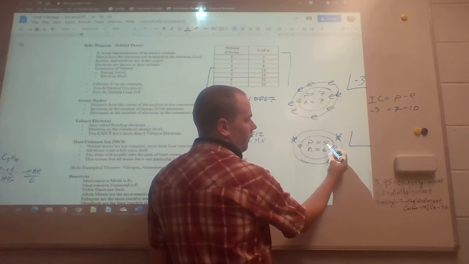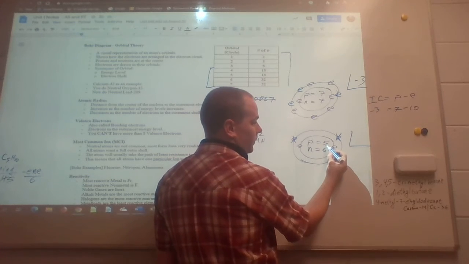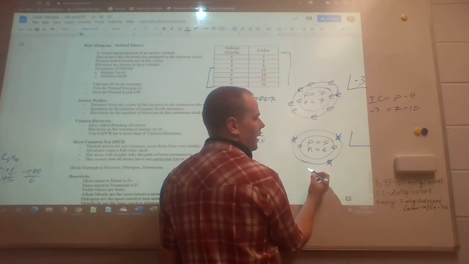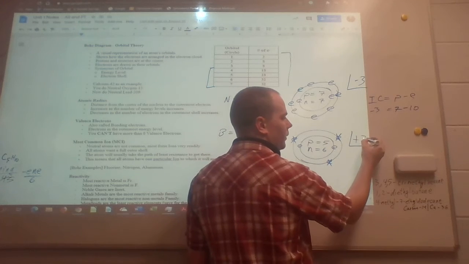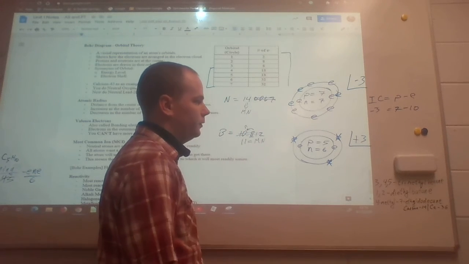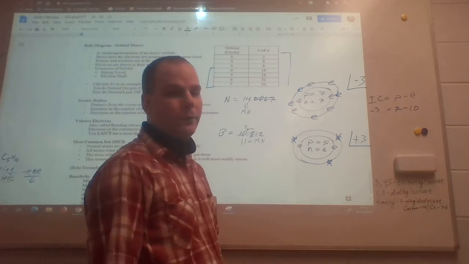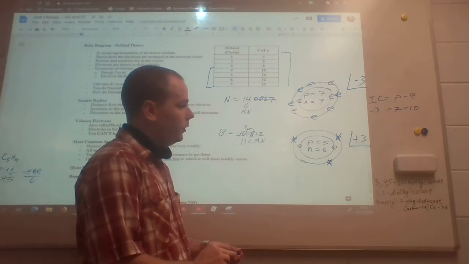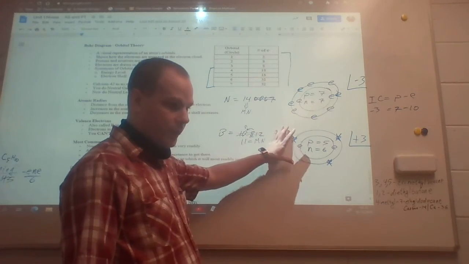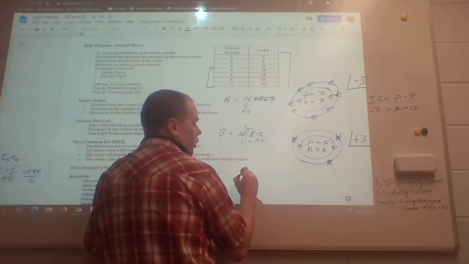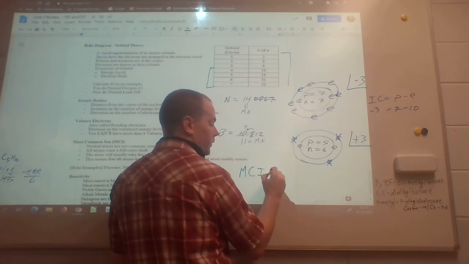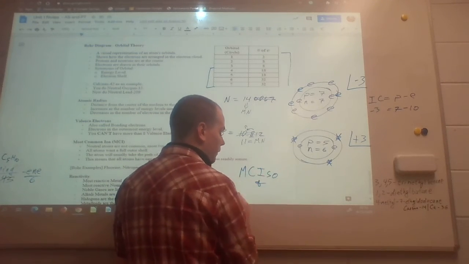We now have 5 protons, which are positive, and only 2 negative electrons, so this is going to be a +3 charge.